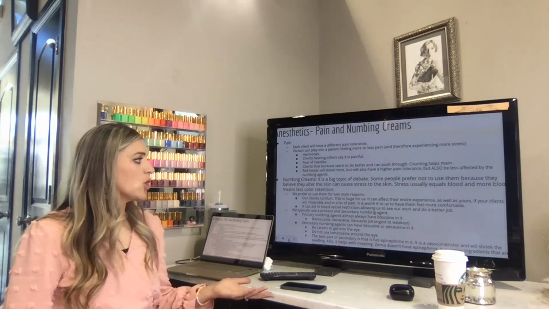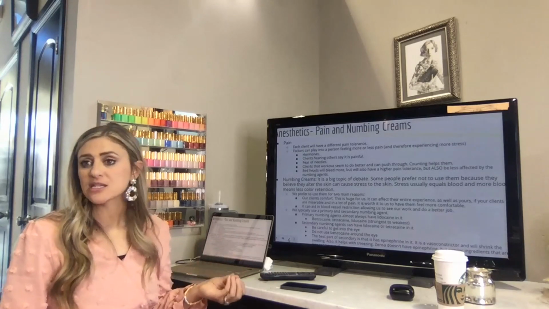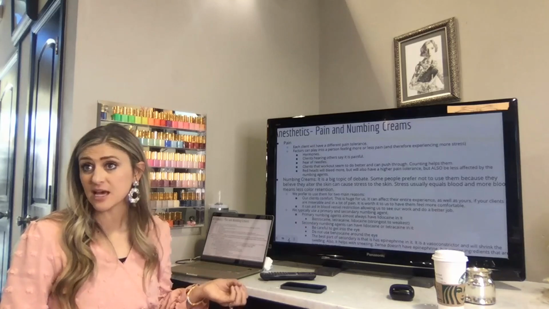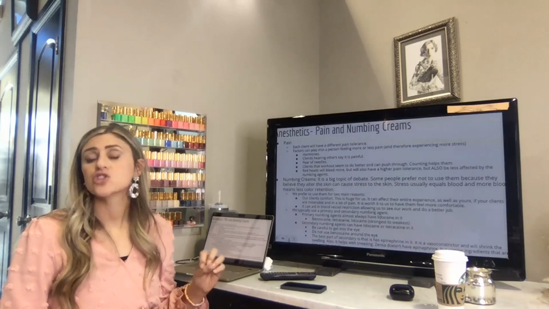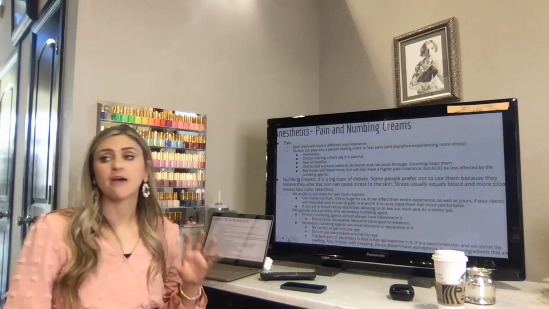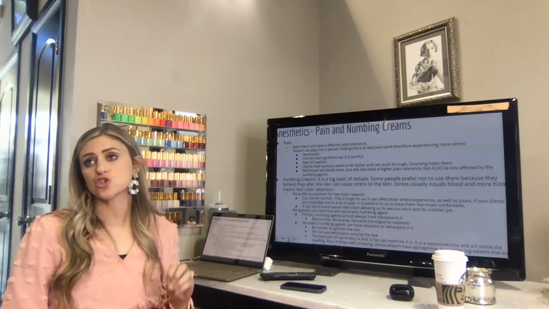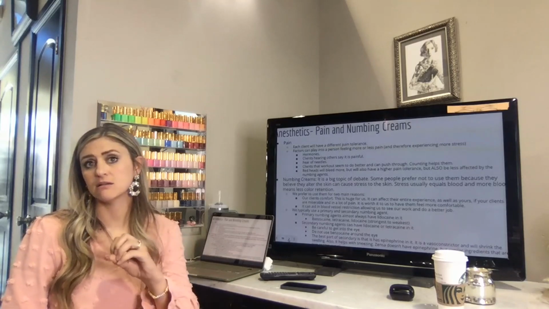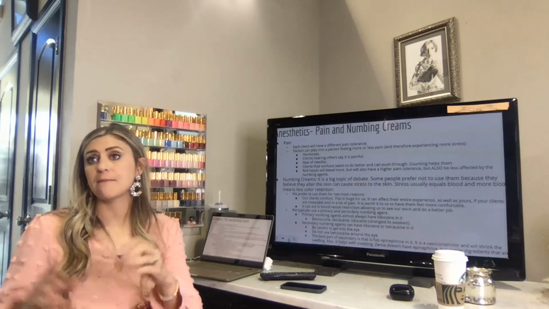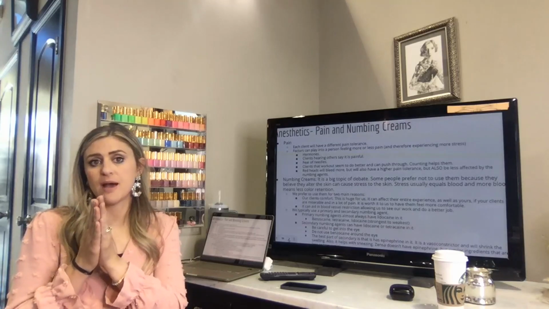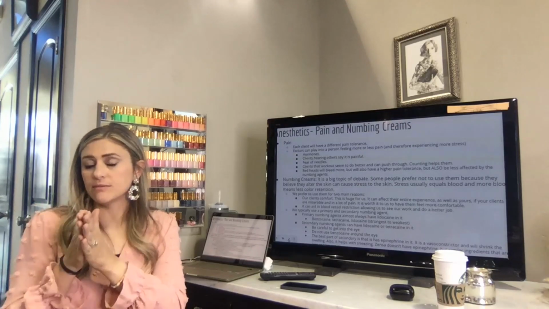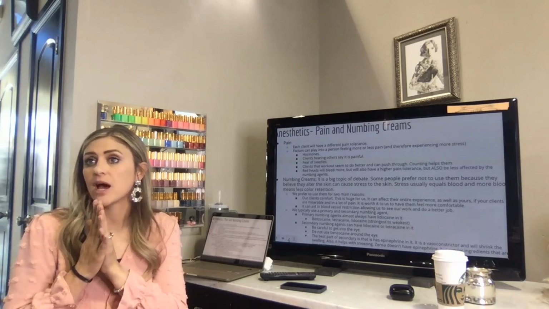Also, there are some really great ingredients in our numbing creams. You guys have Zensa in your kits, correct? So Zensa has a vasoconstrictor in the ingredients that makes the blood vessels restrict.